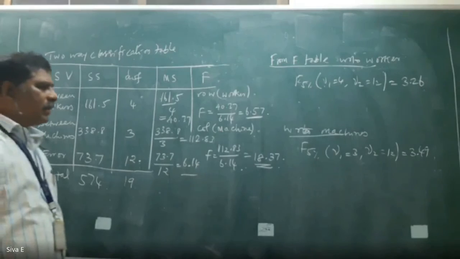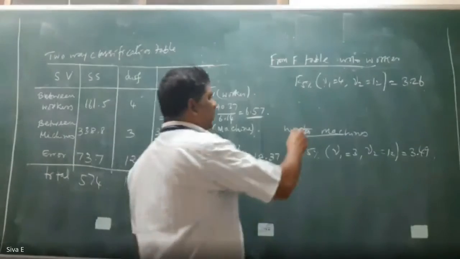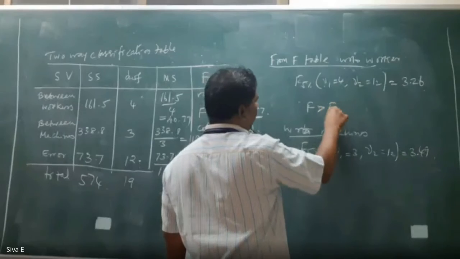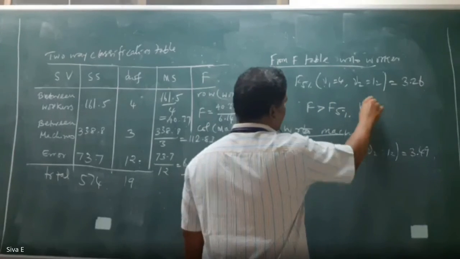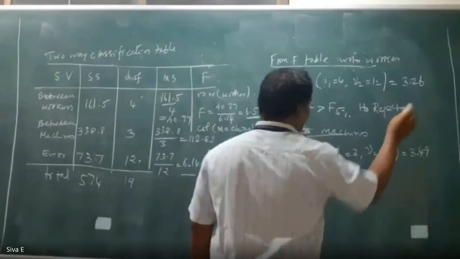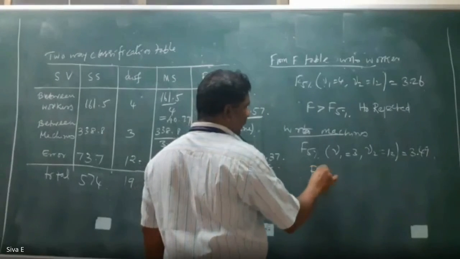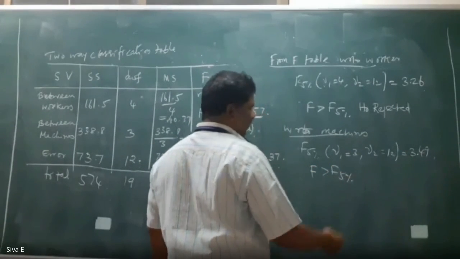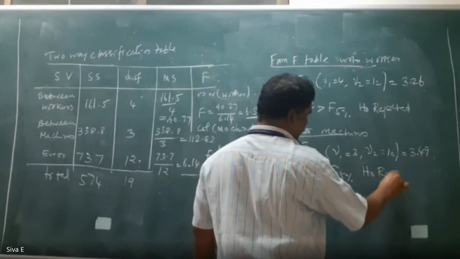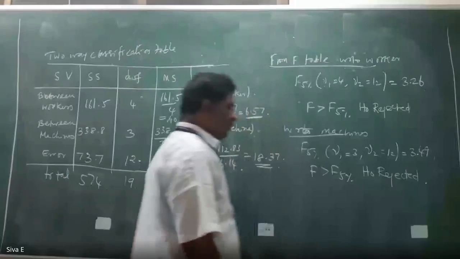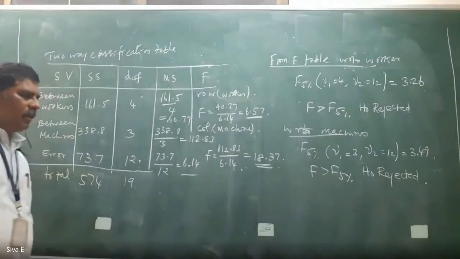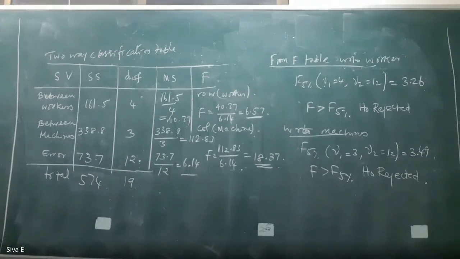That is the answer. Here F is greater than F at 5 percent, so H not is rejected in both cases, because you are writing separate null hypotheses. Both the machines and workers differ significantly with respect to mean productivity.